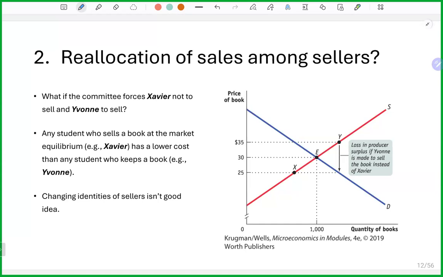The reason they don't sell is that their valuation of keeping the book is high.